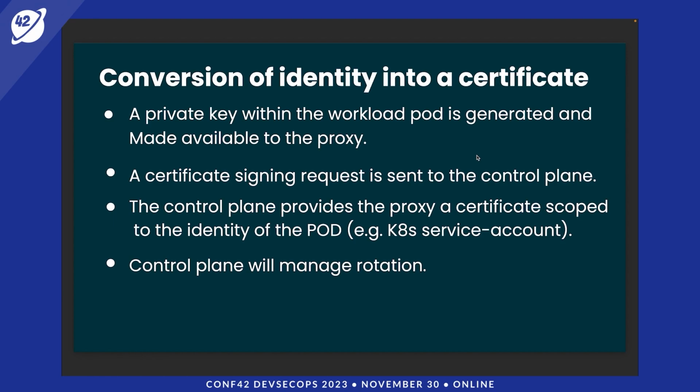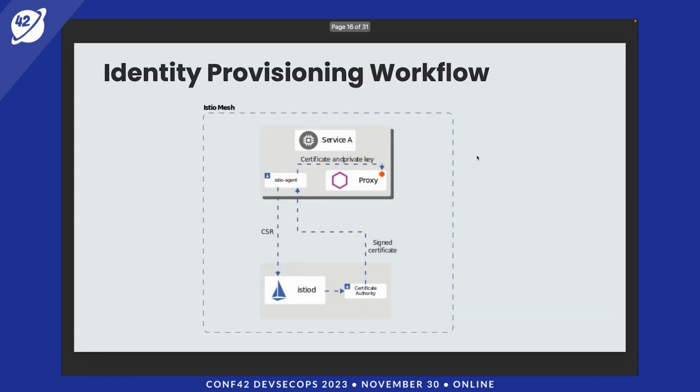The control plane will sign it, create a certificate scoped to the service account, and send it back to the Istio proxy. The control plane also takes care of rotating your SSL certificates whenever they are about to expire, and serves them through the SDS API.